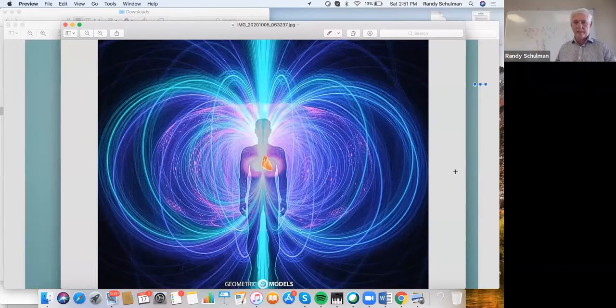Like in a tree, it's the xylem up and phloem down. I particularly like the color of the pink on the inside, and you can see how they have it well done as a map down to the physical heart.